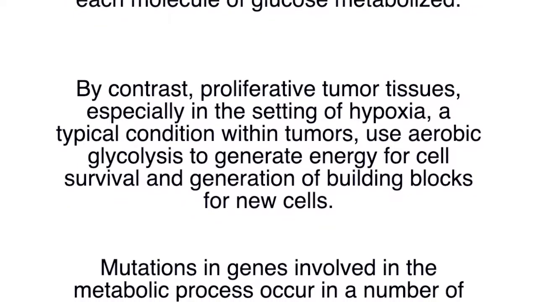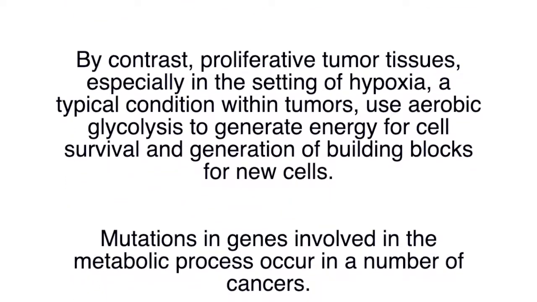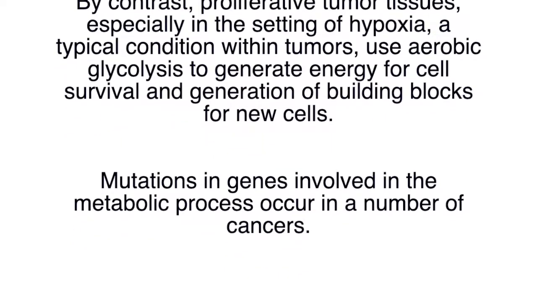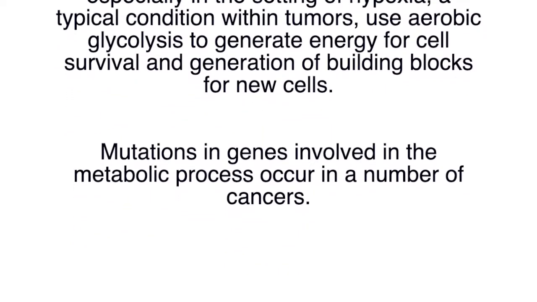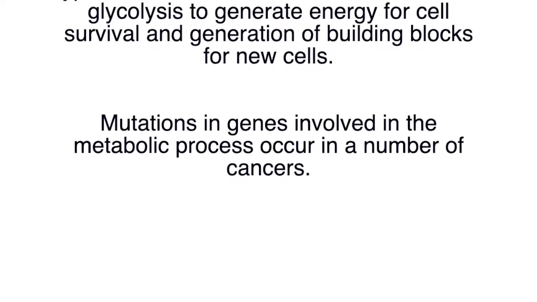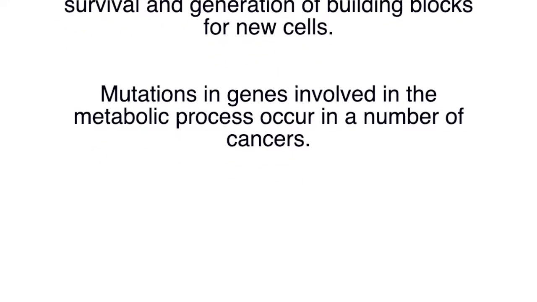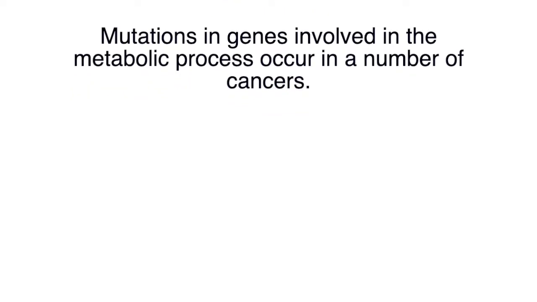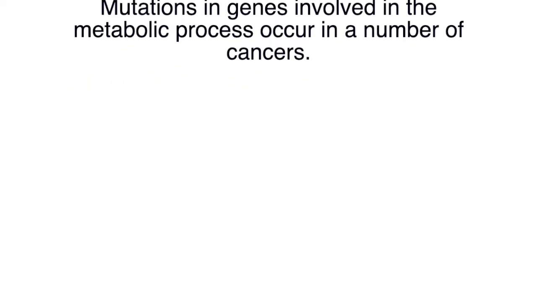By contrast, proliferative tumor tissues, especially in the setting of hypoxia, a typical condition within tumors, use aerobic glycolysis to generate energy for cell survival and generation of building blocks for new cells. Mutations in genes involved in the metabolic process occur in a number of cancers.